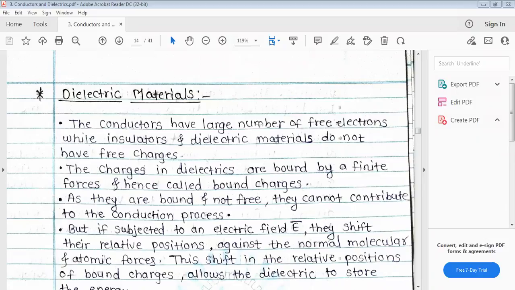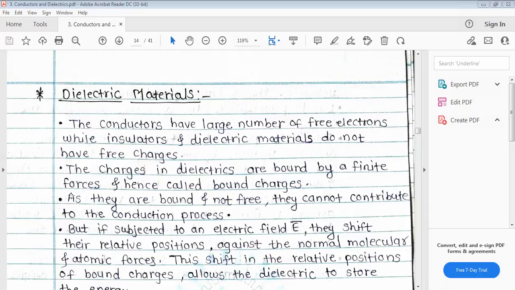Here it is given that conductors have a large number of free electrons, while insulators and dielectric materials do not have such free charges. That's why the current is not flowing through these dielectric materials. The charges in dielectrics are bound by finite forces and hence are called bound charges.